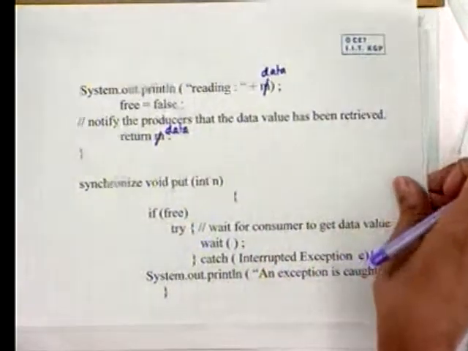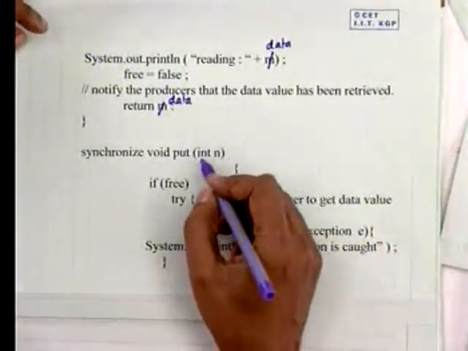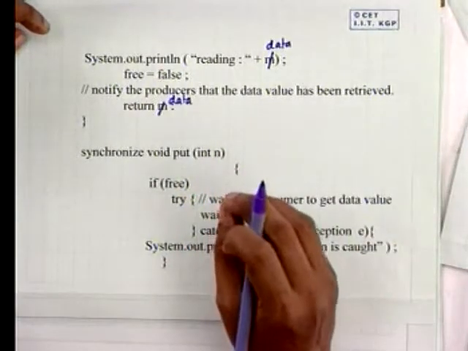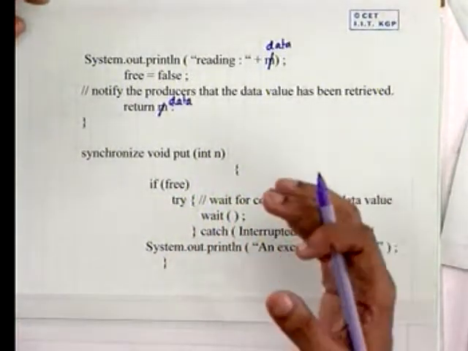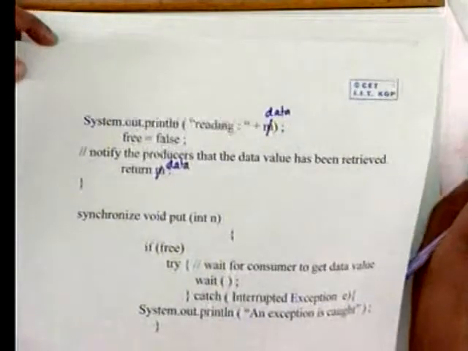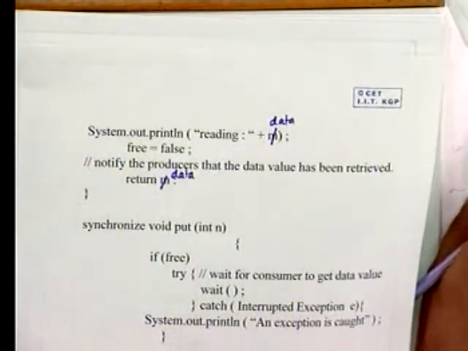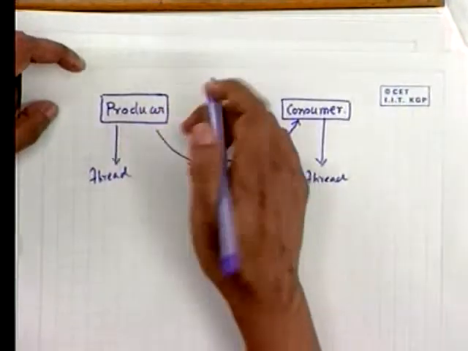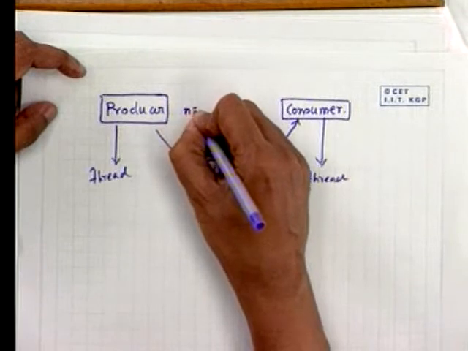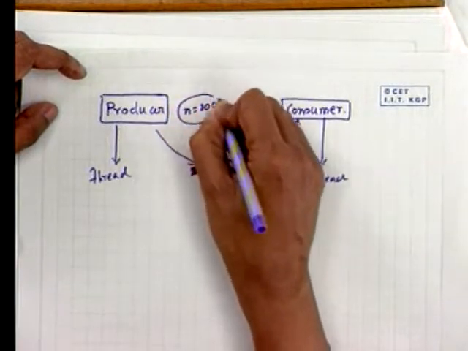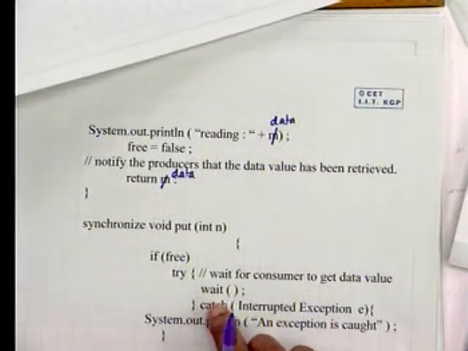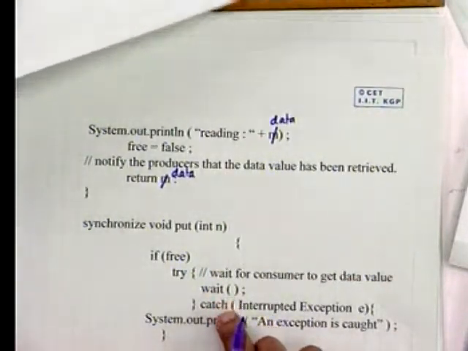In the case of a put, the producer is putting some value of n, and so it waits if at that instant the consumer is accessing the data. Say, for instance, the producer wants to put a value of n equal to 200. It wants to wait till the data value has been consumed, and it cannot proceed, so it waits.